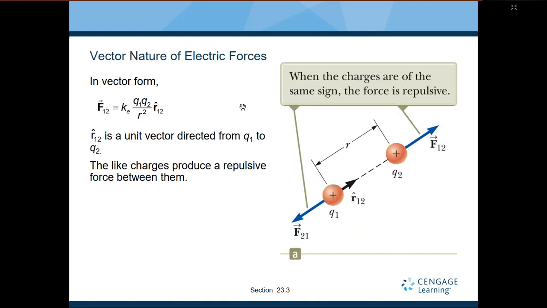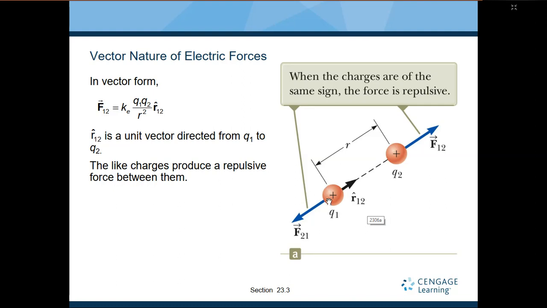So for today's discussion, we are going to deal with how we denote electric forces being experienced by point charges. You have here two positive point charges, Q1 and Q2. We all know that when the charges are of the same sign, the electric force they experience is repulsive.